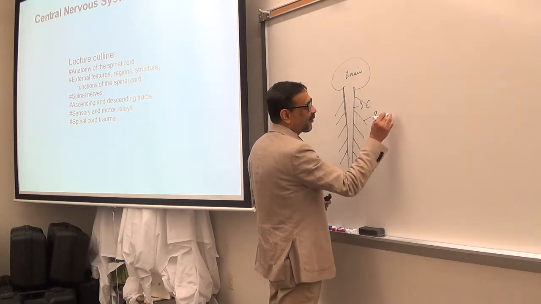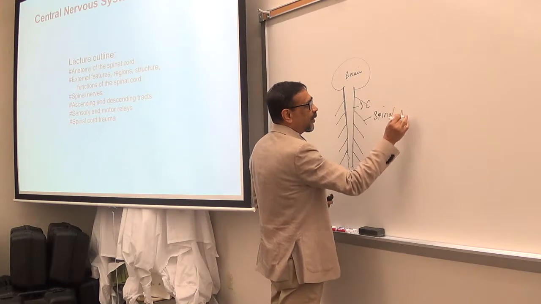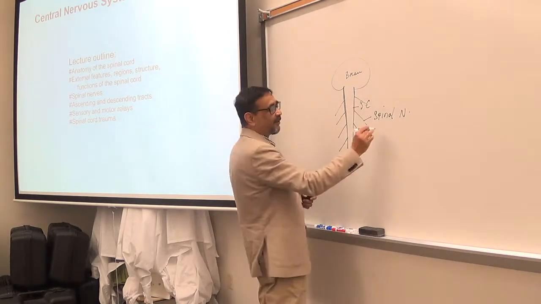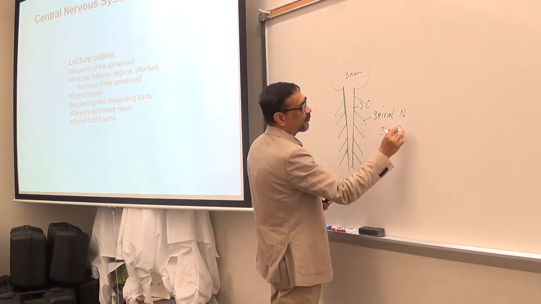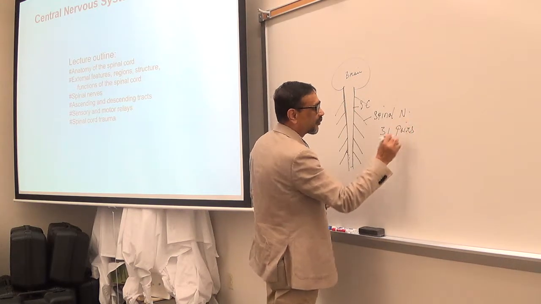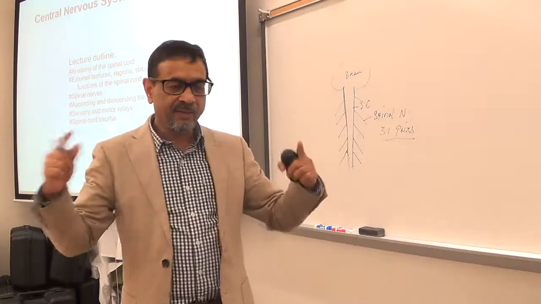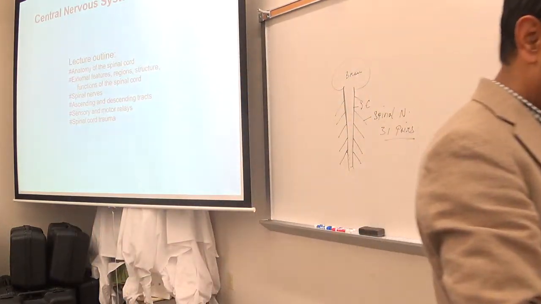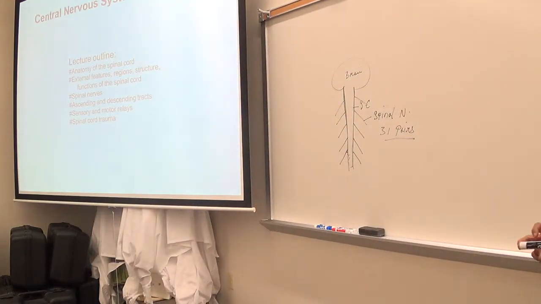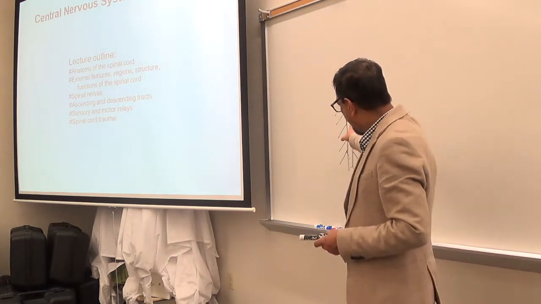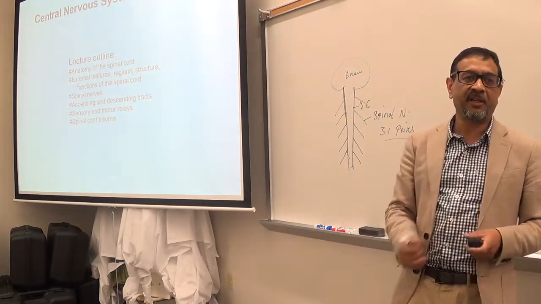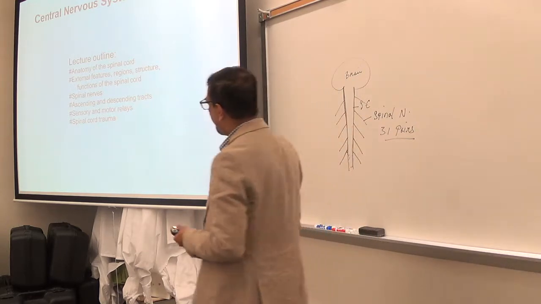How many? 31 pairs. Okay? So we'll see how the spinal nerve originates from the spinal cord.